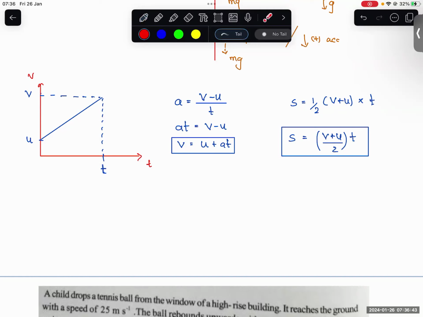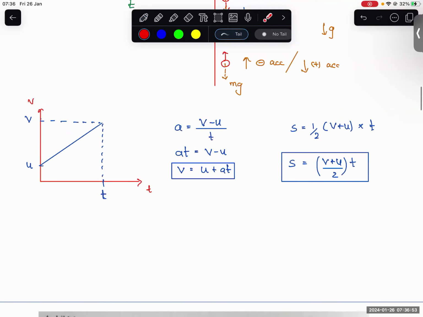So take your rough sheet. And now can you substitute this for this v? Can you do that? For this v, you have to substitute u plus at. Then let's see what comes.